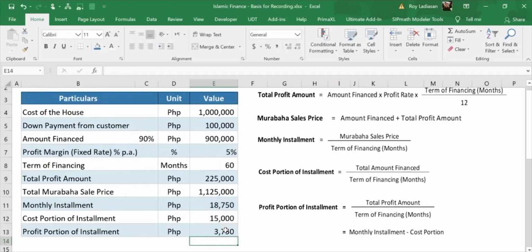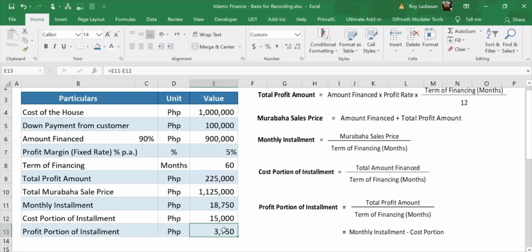Therefore, the profit portion of installment is 3,750 pesos. So that is the normal way of calculating the profit portion. We just deduct the cost portion from the sales amount.